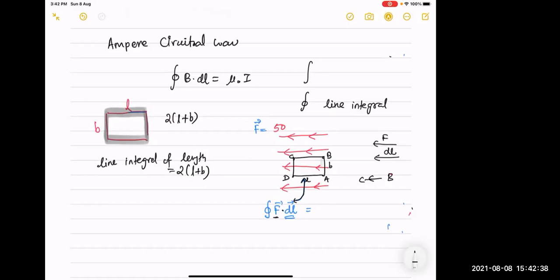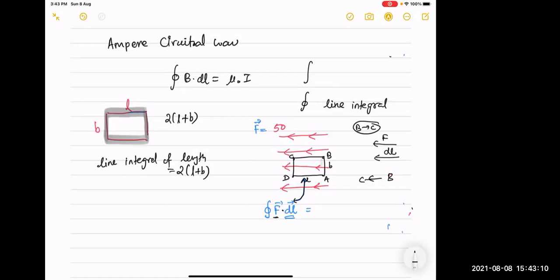So what is the dot product between them? How will dot open? Guys, please answer. F dl cos theta. What is the angle between them from B to C? 0, right? So cos 0 is 1. So it will be just F dl.